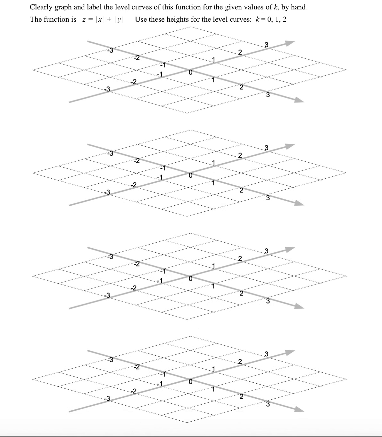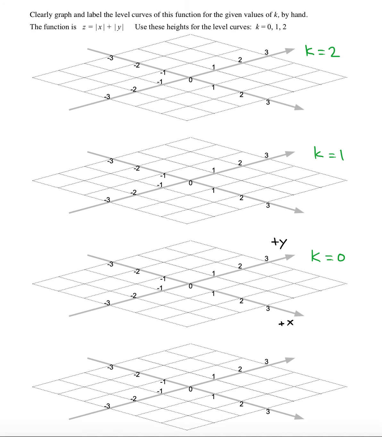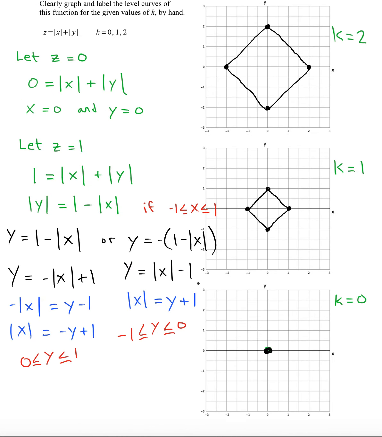Now I want to plot my level curves in 3 dimensions in a similar way that the online apps display them. I'll put k equals 0 here, k equals 1, and k equals 2. Now notice the orientation of the axes. This is the positive x direction, and this is the positive y now. But if you remember, for k equals 0, it was actually just a single dot at the origin.